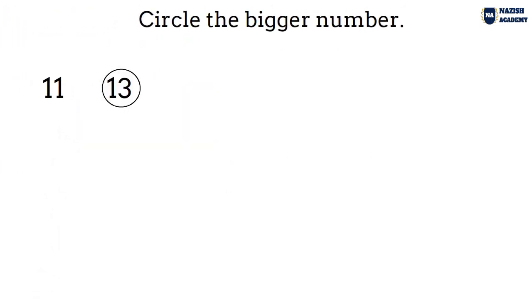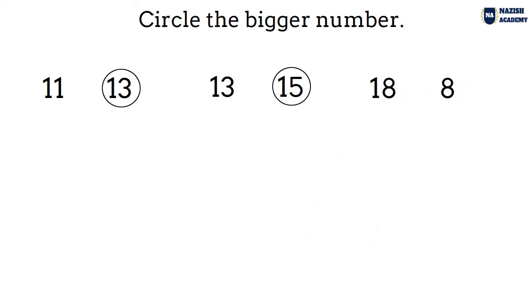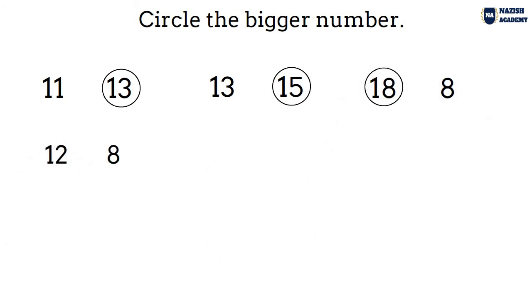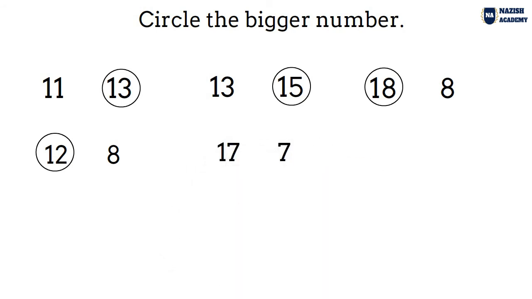Circle the bigger number. Here 13 is bigger. 13, 15. Which is bigger? 15. Next 18 and 8. Which is bigger? 18. Next 12, 8. 12. Next 17 and 7. Which is bigger? 17.